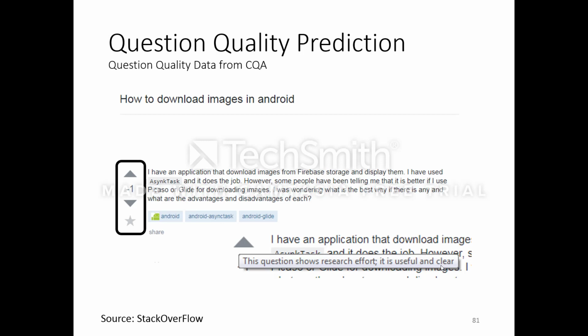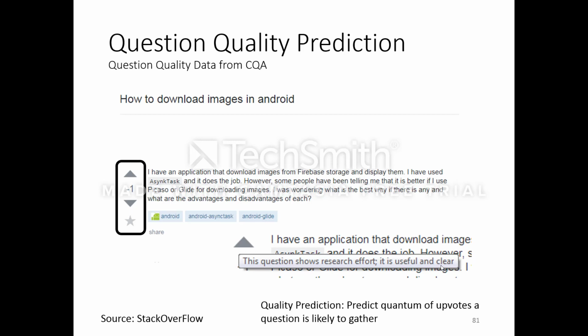So the guideline that Stack Overflow uses here is, you upvote a question if the question shows research effort and it is useful and clear. That's what it says, but not everybody needs to be heeding this instruction, because people might use their own discretion and their own heuristic to do this. So essentially, in Stack Overflow, if you have a question post, you have upvote and downvote options there, right?